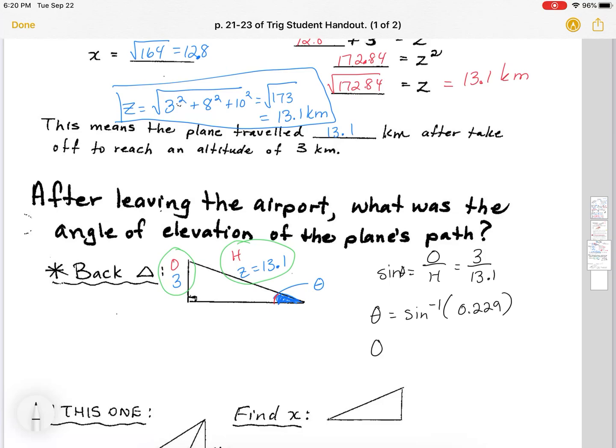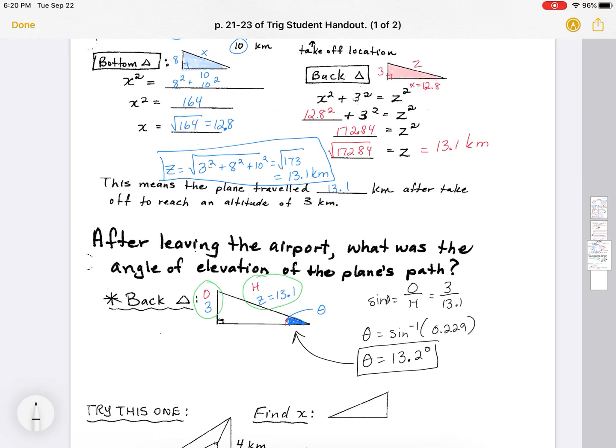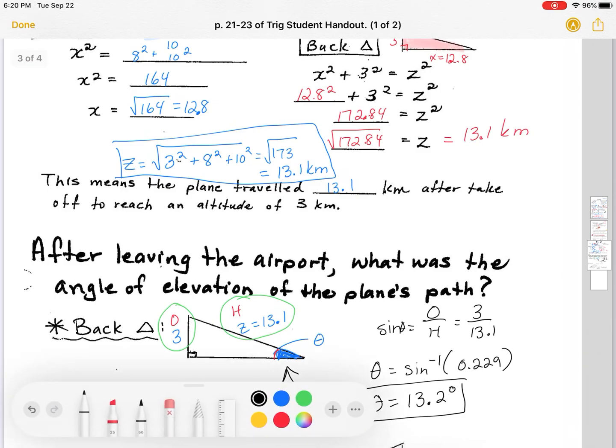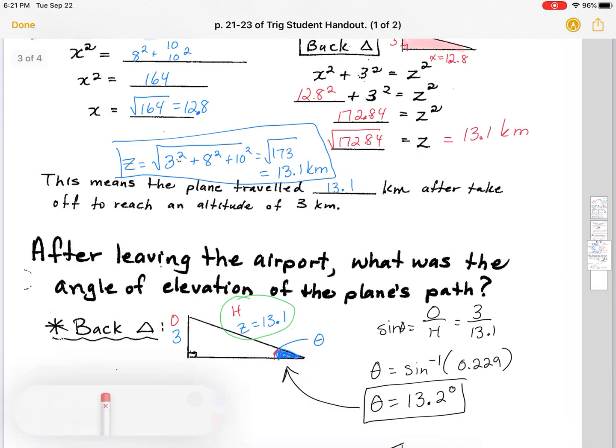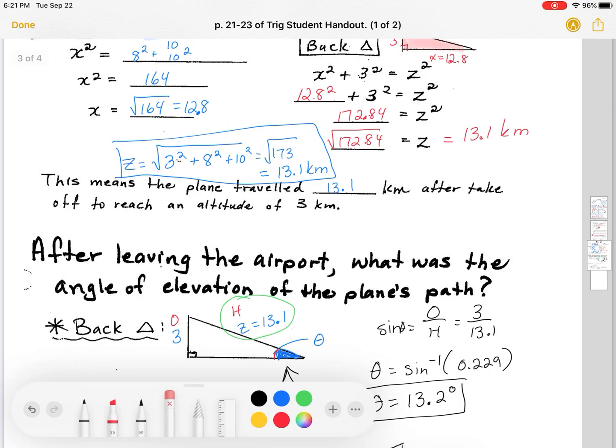So theta will equal sine inverse of 3 divided by 13.1, which is 0.229. So theta is equal to 13.2 degrees. So that's our angle of elevation in there.